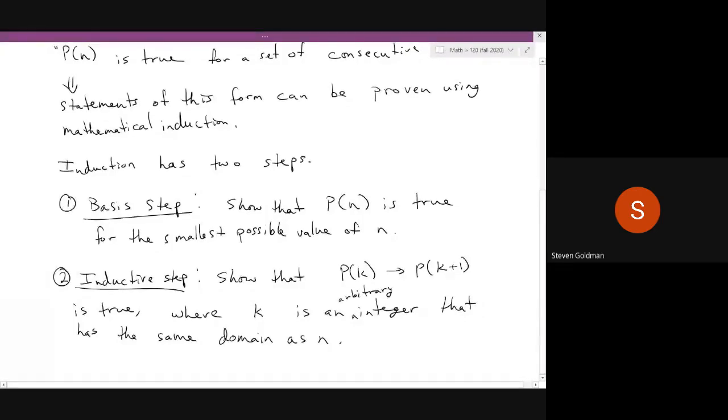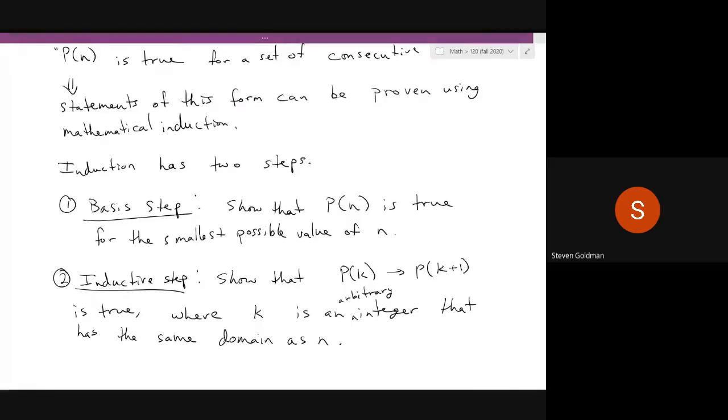In your inductive step, you're basically doing a proof of a conditional statement. Usually we'll just do a direct proof. So you want to prove if P of k is true, then P of k plus 1 is true, where k is some arbitrary integer from the given domain. So if your statement originally said P of n is true for the set of positive integers, then k is some arbitrary, meaning some random positive integer.